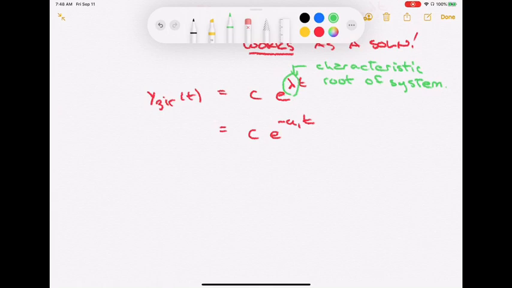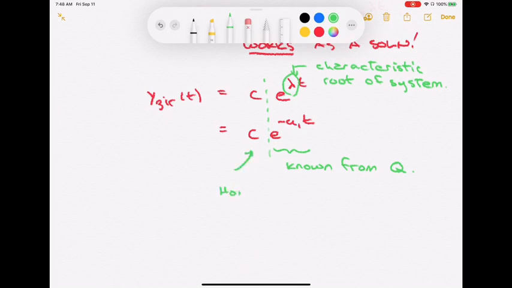So we know it's going to be exponential form, and we know that the shape of that exponential, which depends on lambda, comes from that q. All of that is known, right? So this stuff over here is known from our q. We can figure out what kinds of exponentials our system is going to support just by looking at the coefficients of the differential equation, and in particular, the coefficients of that q polynomial. The thing that's left then is the c.